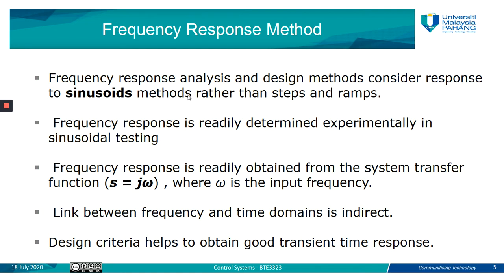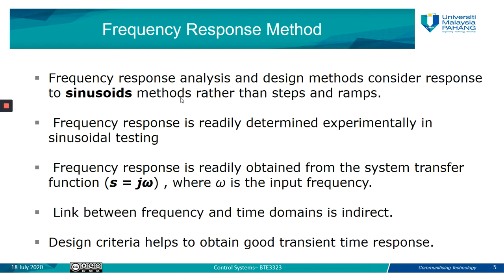The frequency response method is more focused on the usage of a sinusoidal function as the input to test the system response. Previously in chapter 4, when we talked about the steady state response, we highlighted three types of function, which are the step function, parabola function, and ramp function.